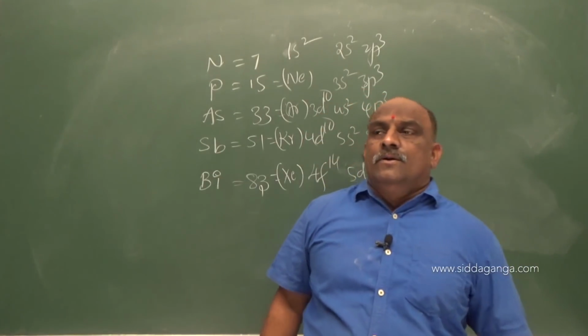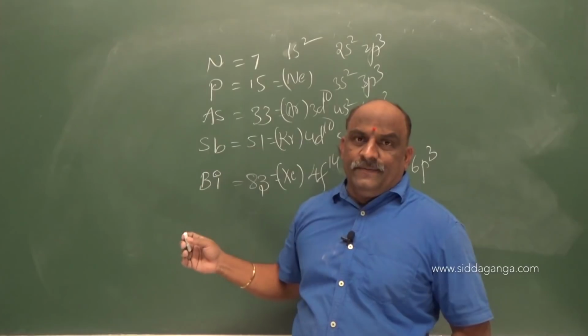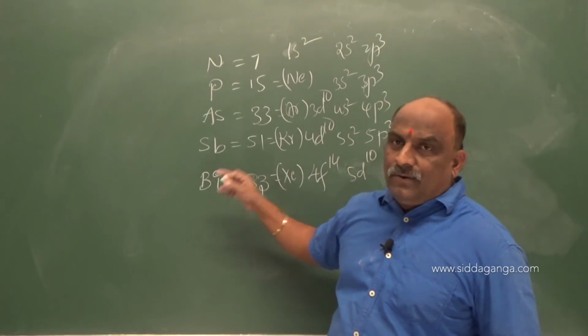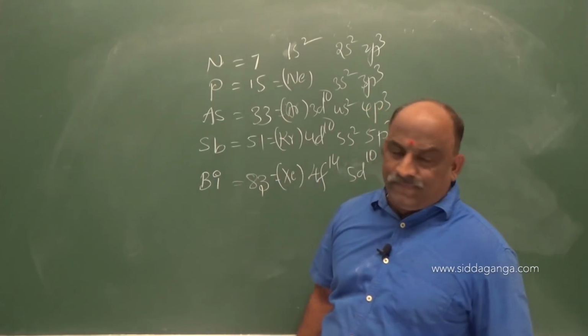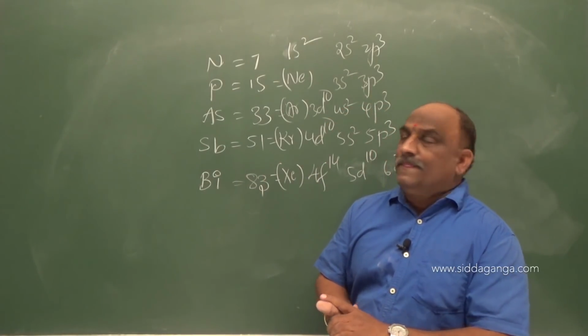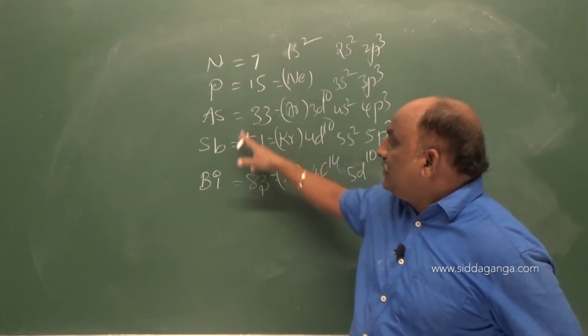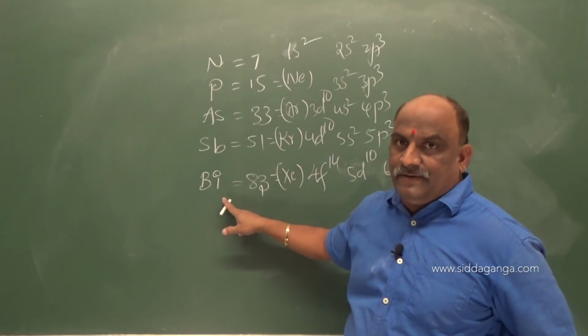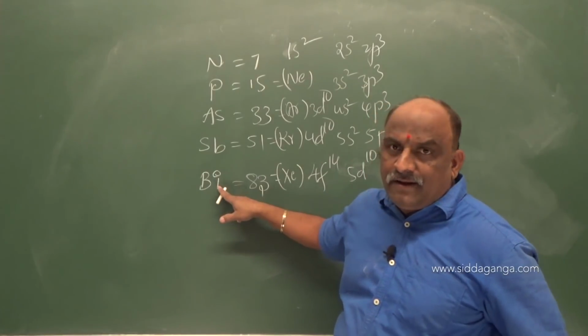Before the melting point, we have to come back once again to the electronic configuration. Nitrogen and phosphorus are non-metals, arsenic and antimony are metalloids, bismuth is a metal.